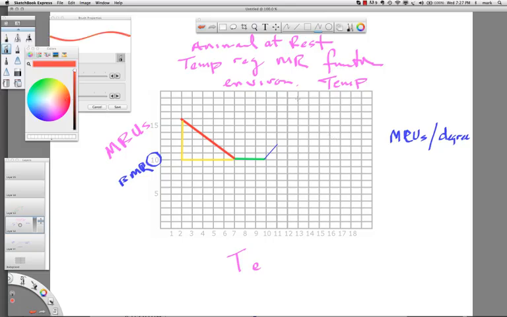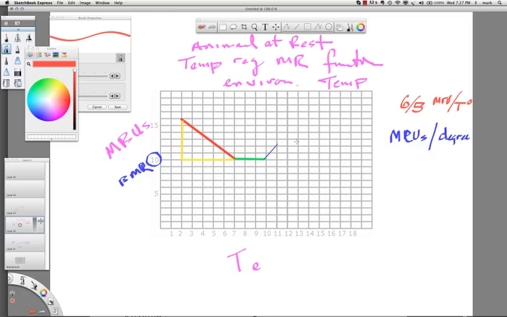We have 6 metabolic rate units per 5 degrees, so 6/5 metabolic rate unit per degree temperature. Okay? The cost of staying cool seems to be approximately 2 metabolic rate units per degree, yeah?